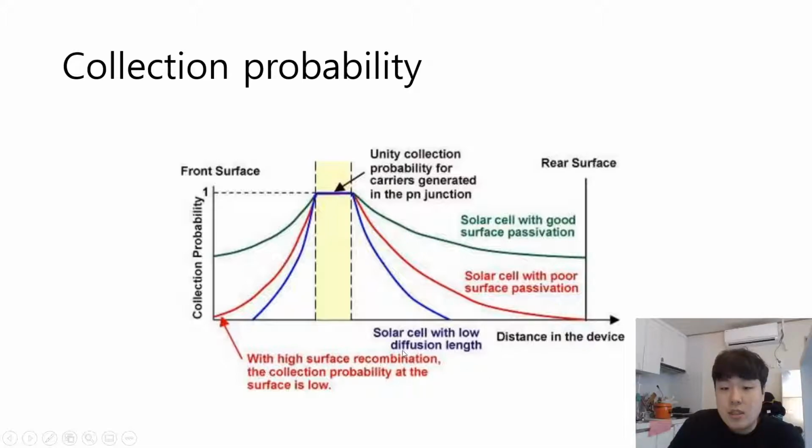And last, the diffusion length is very low, so the electrons and holes do not collect a lot of electron hole pairs. So we can calculate the collection probability, and we know the solar cell efficiency.